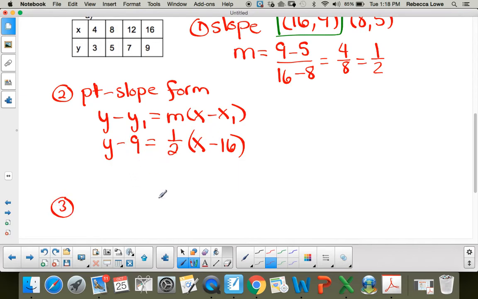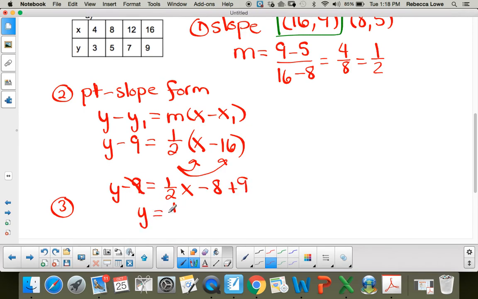So now I'm going to solve for y and get it in slope-intercept form. I do that by distributing first. So I get y minus 9 is 1/2 x minus 8. 1/2 of 16 is 8. And then the negative 9 will become a positive 9.